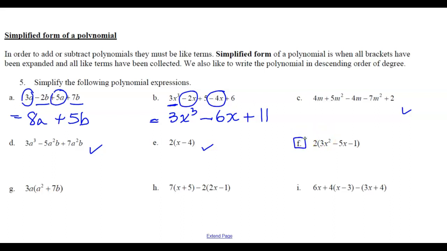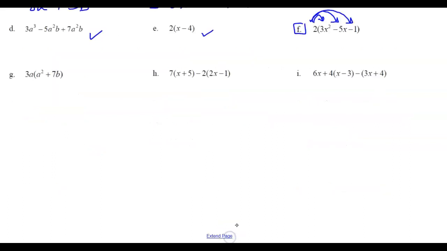And this one, if you look inside the brackets, there's nothing you can simplify. So simplifying in this case means getting rid of the brackets. It's called the distributive property. You have to multiply every term by that number in front. So I kind of used arrows there.